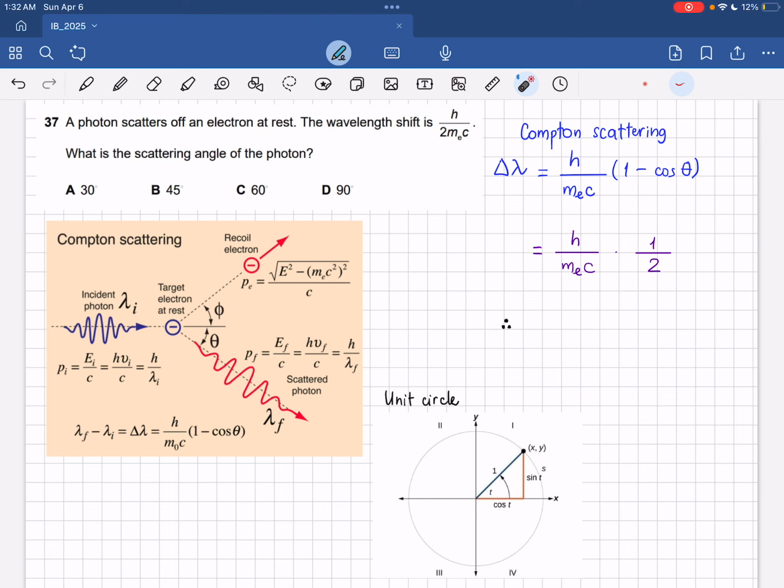The energy is defined by E equals h times f, the Planck constant times the frequency of the light itself. Then the momentum equals E divided by c.